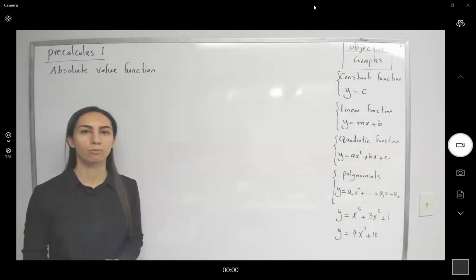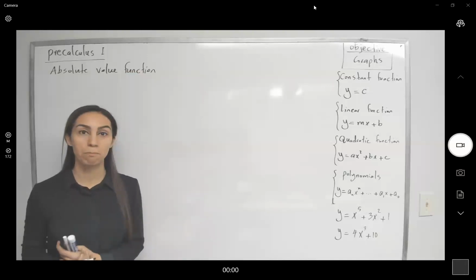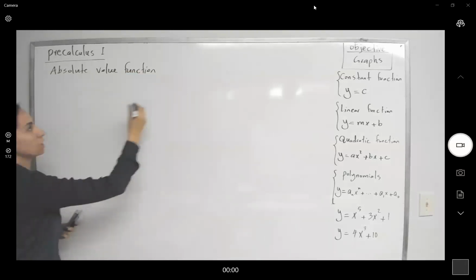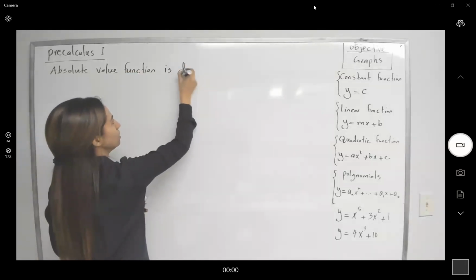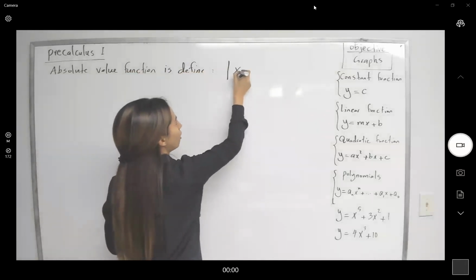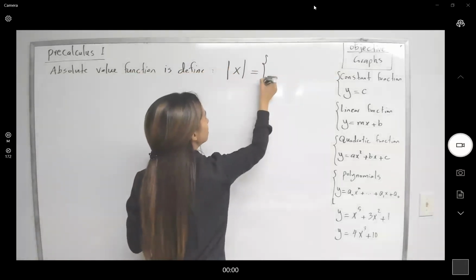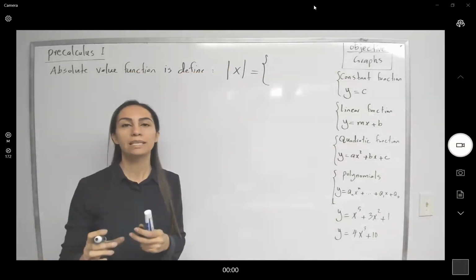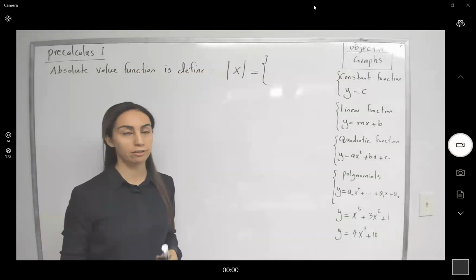So try to feel more comfortable about these basics as functions. So the absolute value function is defined this way. We say that, hey, the absolute value of x is equal to, well, we're going to define something that we call a piecewise defined function.